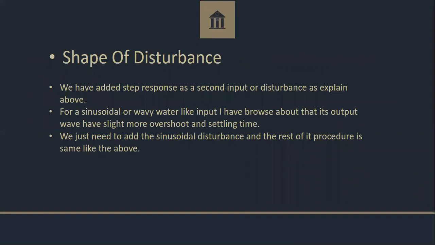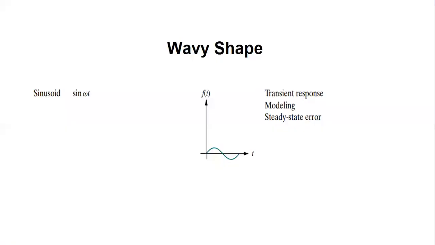Shape of disturbance. We have added a step as the second input or disturbance, as explained above. For sinusoidal or wavy input, I found that its output wave has slightly more overshoot and settling time. We just need to add the sinusoidal disturbance, and the rest of the procedure is the same as above, and we have also explained it in the CEP in detail.